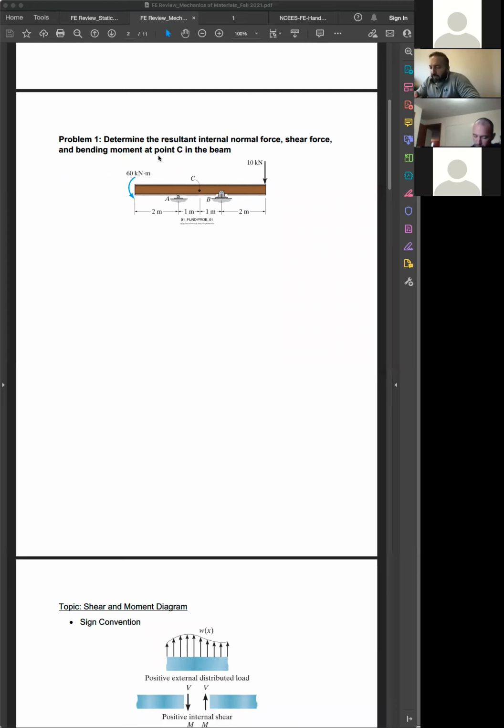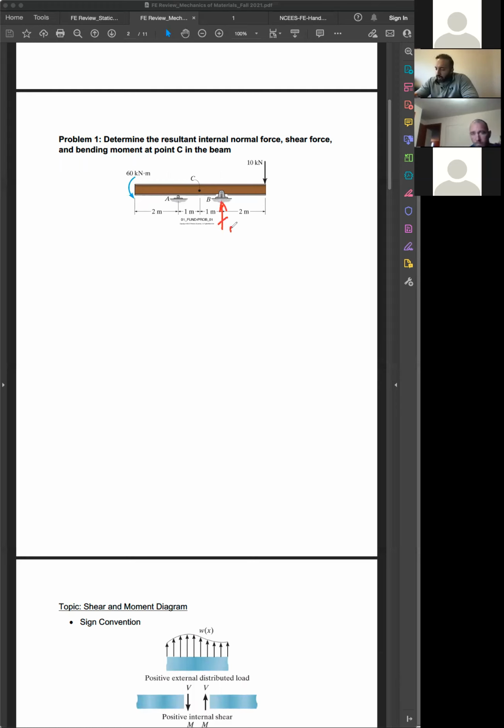In this example, it says determine the resultant internal normal force, shear force, and bending moment at point C. So the problem is asking you to cut at point C and find the internal force. If I cut at C, don't forget in this particular problem, it doesn't matter if you select the left or right side, you're going to see a reaction. So you need the support reaction. We need to find the support reaction first.